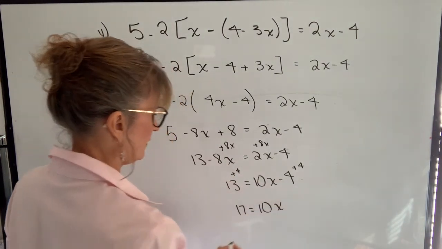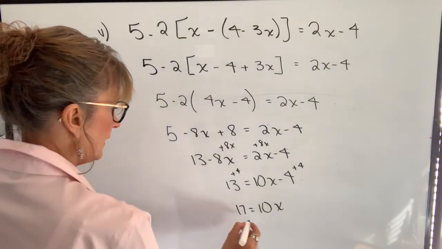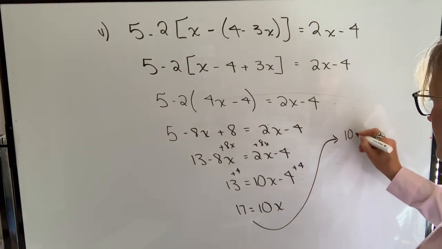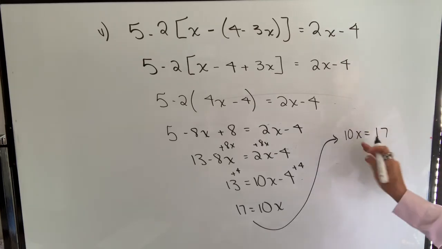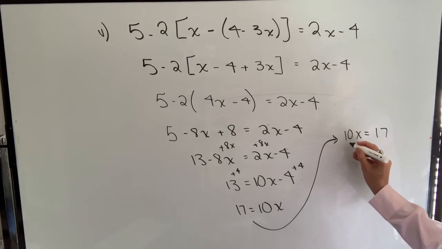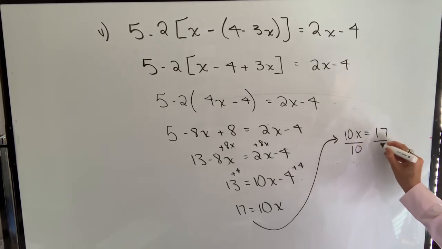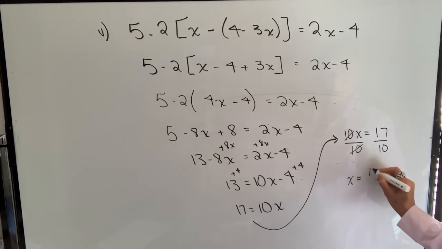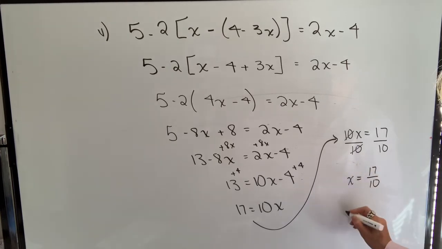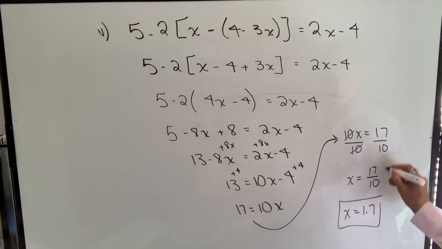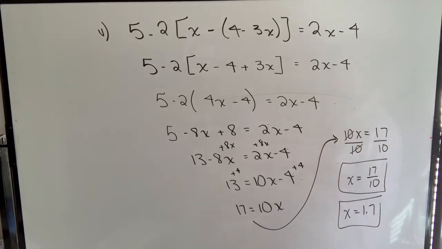So 10x is equal to 17. And again, I can write that as 10x on the left-hand side. Now I want to solve for x, so I'm going to divide both sides by 10. The 10s will cancel, and I'll be left with 17 over 10. And that can easily be expressed as 1.7 because that's exact. So either of those answers would be correct.